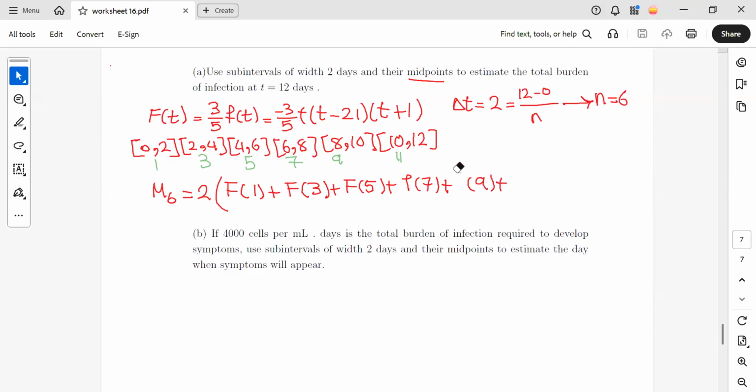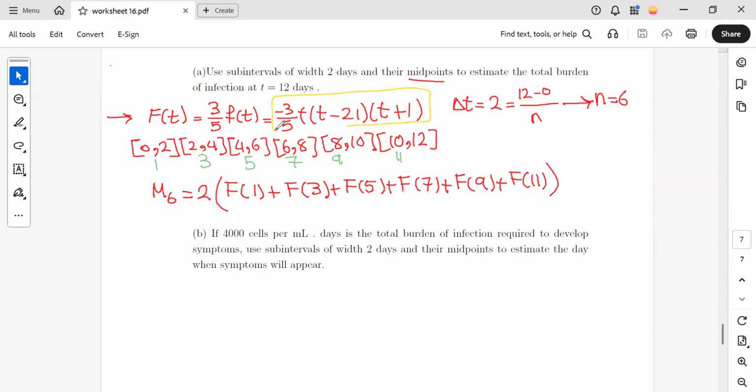These are not lowercase f. These should be uppercase F, because we have a definition here. And for the amounts of them, using this formula, you would use a calculator and find them this way.